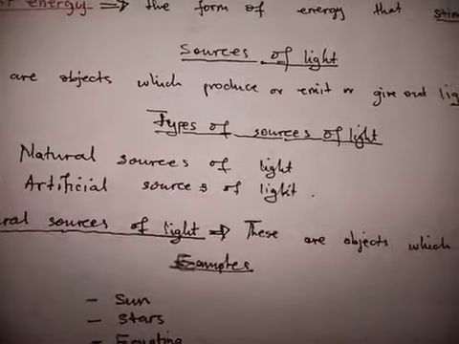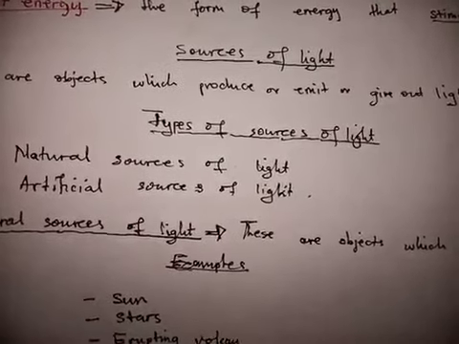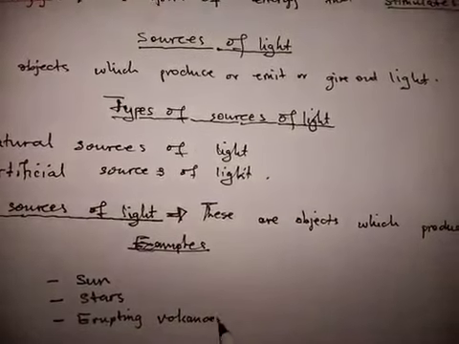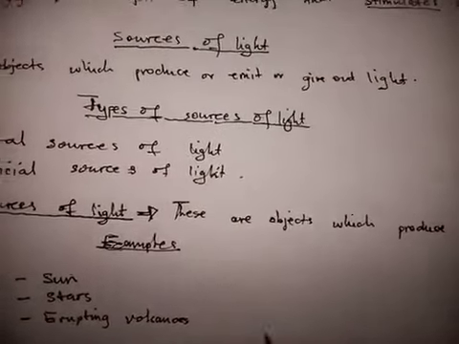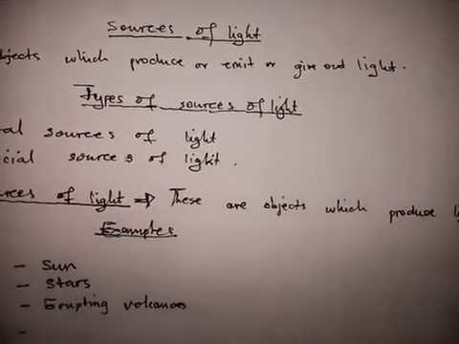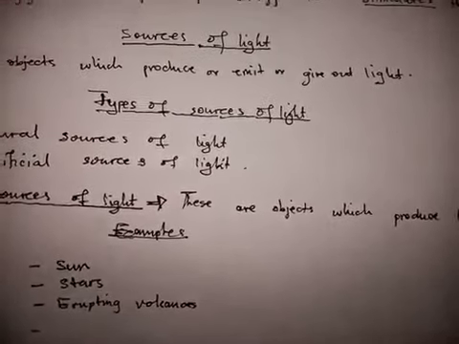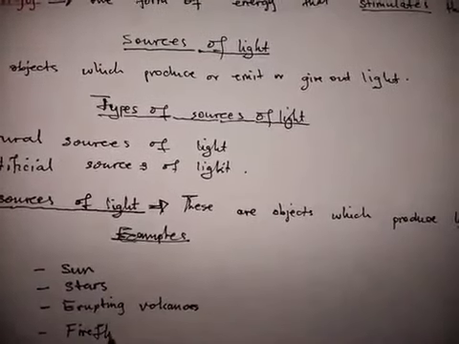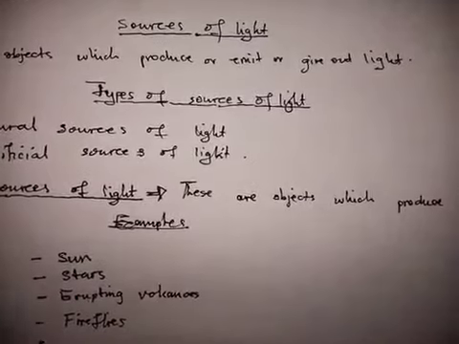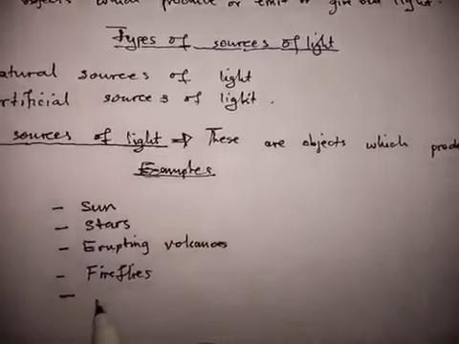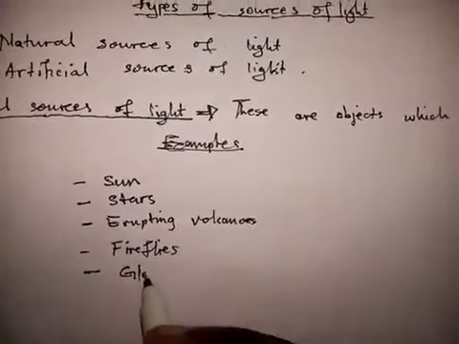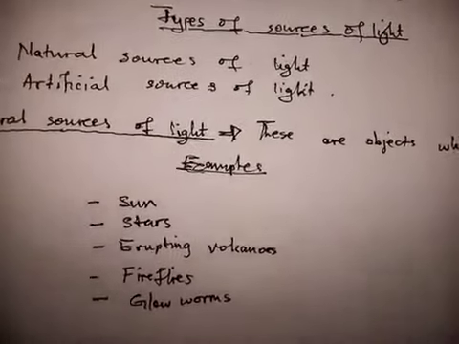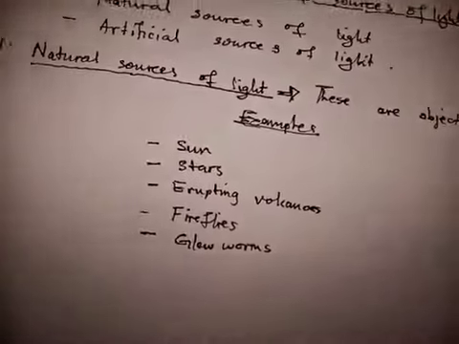We have living organisms like fireflies. We also have another living organism called glowworms. So these are examples of natural sources of light.